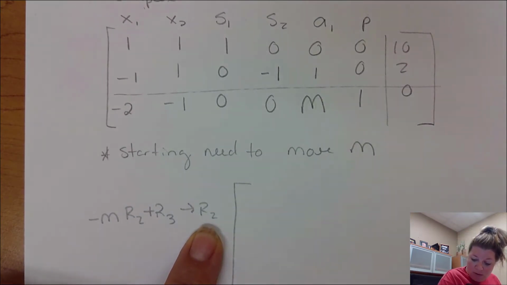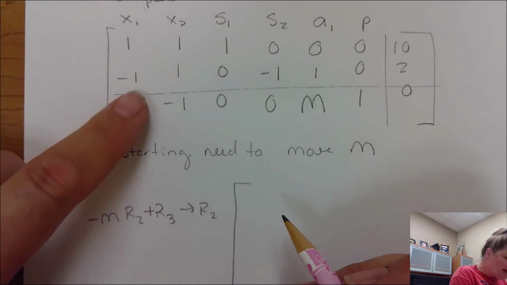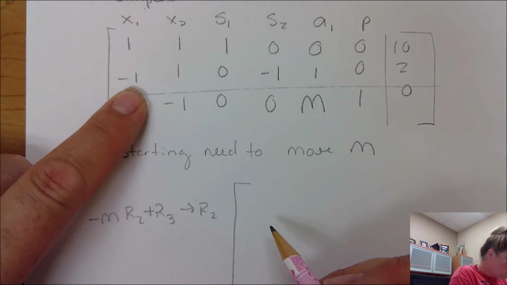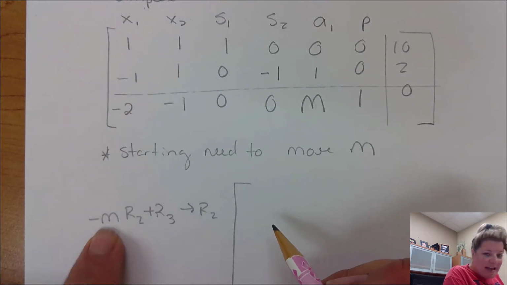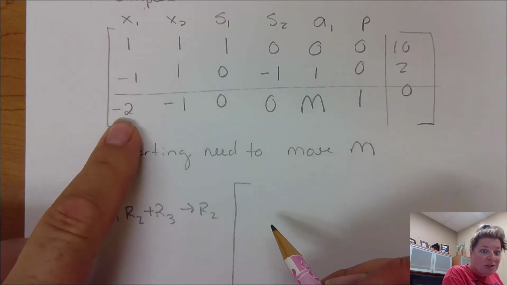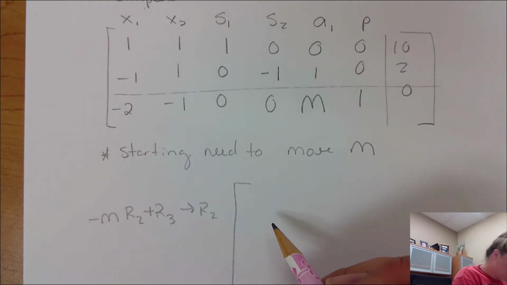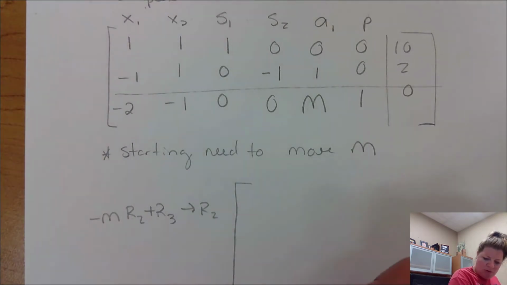When we do this, I don't have my cheat sheet. Negative M times negative 1 is positive M. Positive M minus 2 is M minus 2. I thought I was replacing on row 2, did I push row 2?